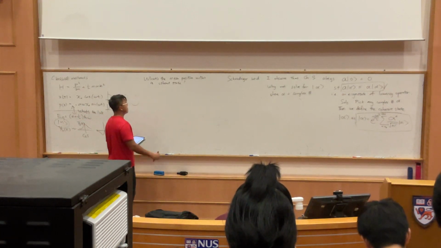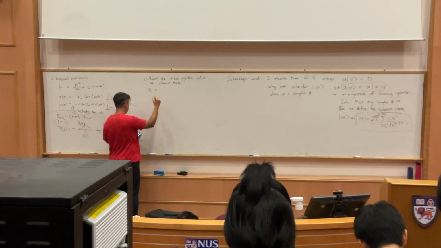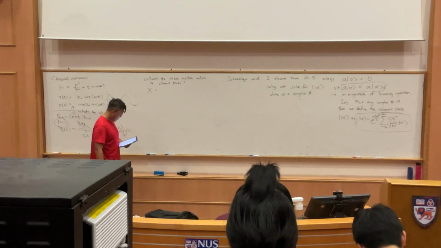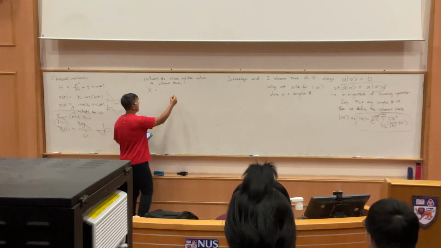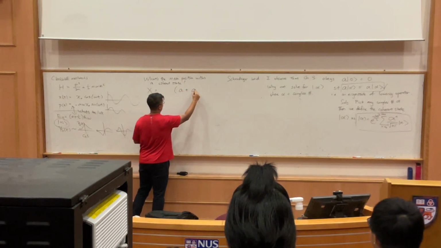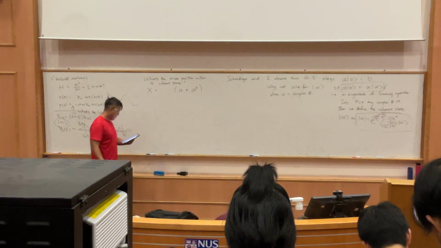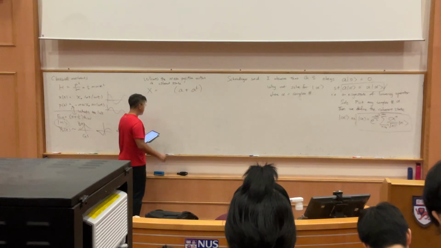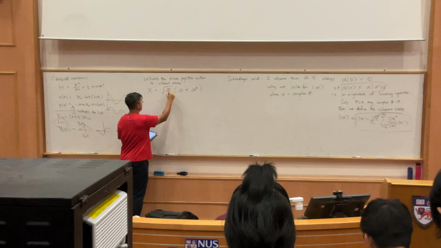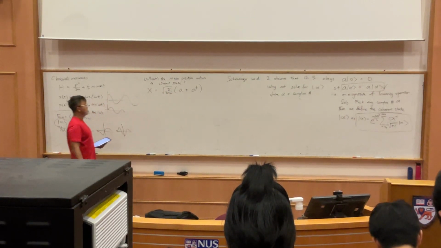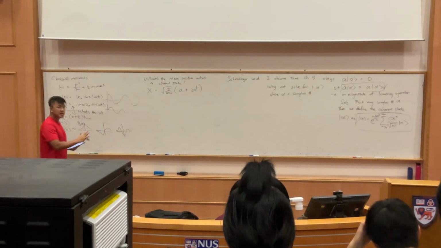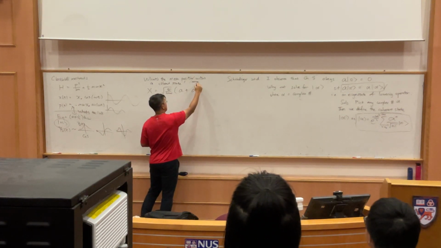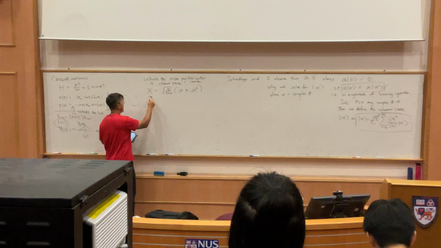So we do the same trick. We express x as a linear combination of A and A dagger with the coefficients, so that x equals square root of h bar over 2m omega times (A plus A dagger). And since I asked about position, of course I'm going to ask for momentum as well. So for good measure, let me just write it down.